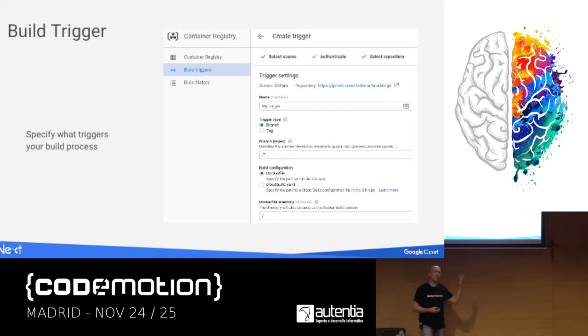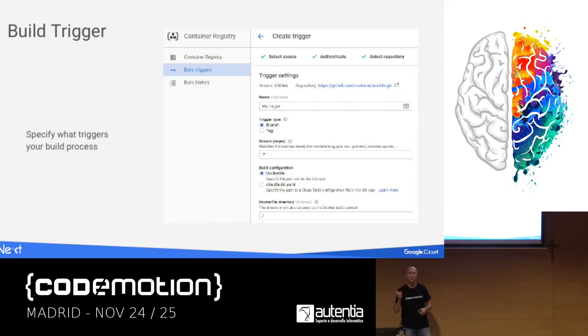Any commit on my branch typically means a merge, not individual commits. So you don't create this and say, okay, whatever happens in master, and then everyone is committing to master. It doesn't work that way. But you say whatever happens on master, and then people are working on their own individual branches. When they merge into master, this is going to be triggered. So these are the typical two options.